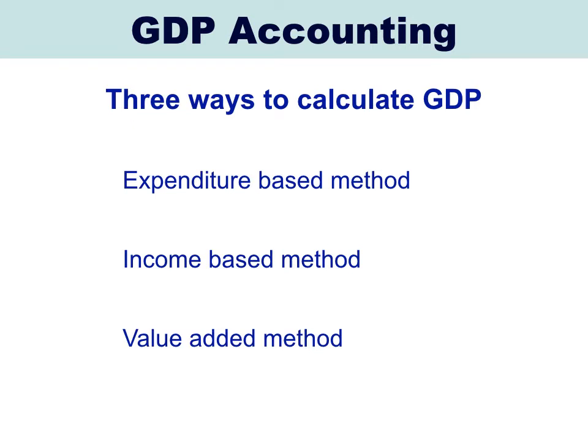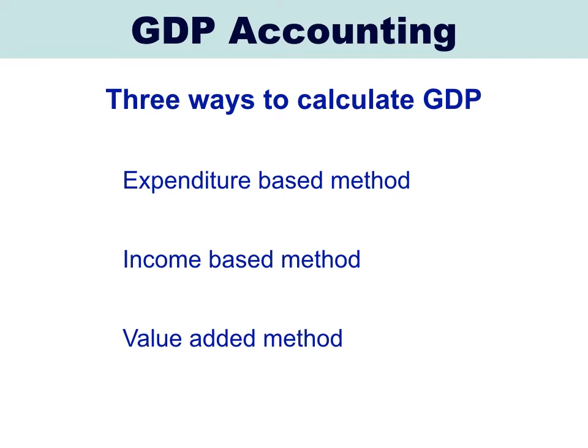The number is going to be the same. Now, it is a little bit off, right? They're not totally equal in reality. In theory, they have to be equal. But in reality, there is some discrepancy in exactly how people report their income. So, we find that when we actually look at the numbers, that they're a little bit off.